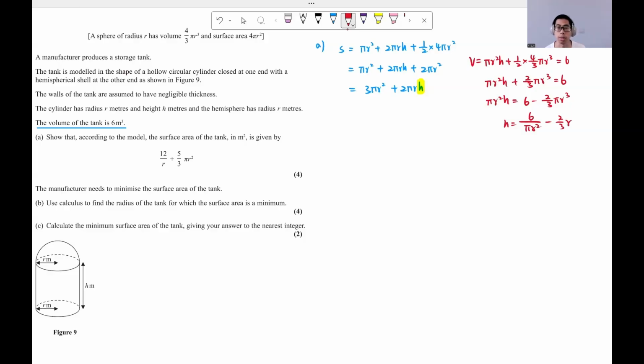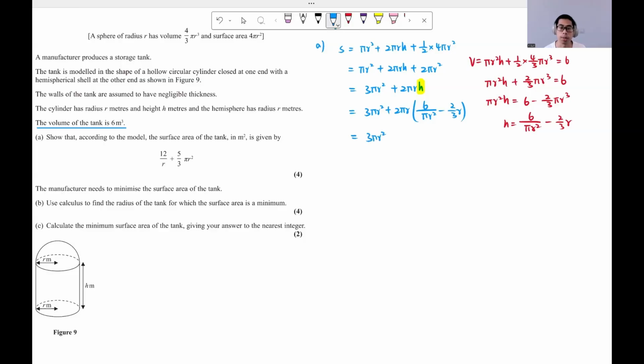So that's what h is equal to. Now we can substitute back in: 3 pi r squared plus 2 pi r times h, which is 6 over pi r squared minus 2/3 r. Now if we expand and simplify, it should give us the answer.